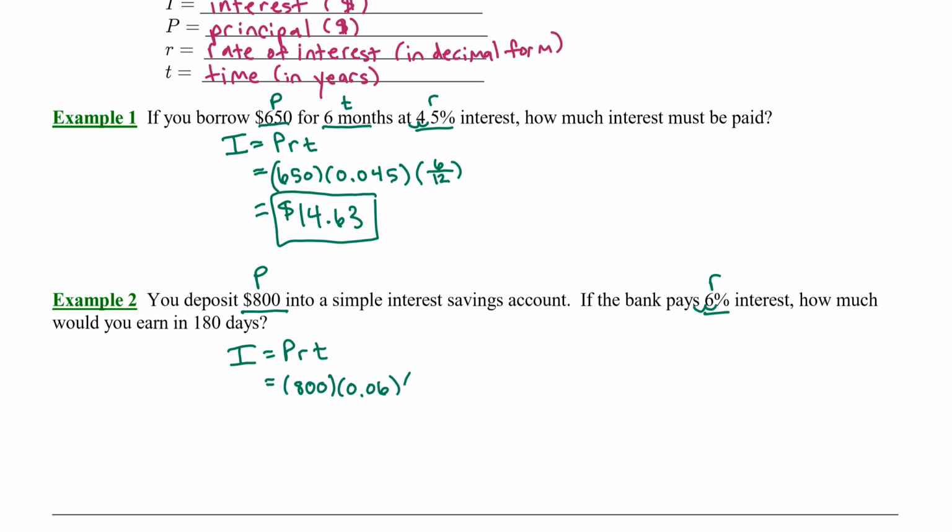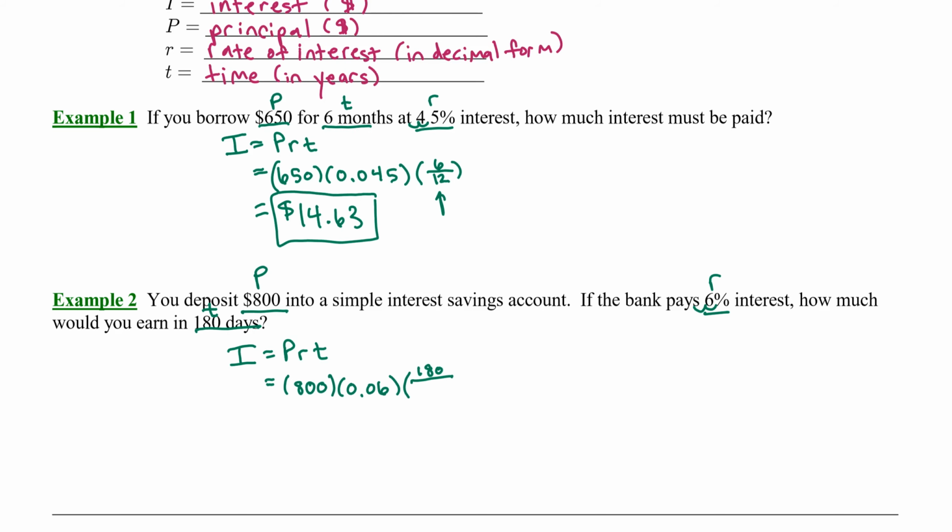Now, this is a very short-term investment, right? We're looking at 180 days for our time. Time has to be in years. Now, up here, since we had months, we took our total months out of 12 months per year to get the correct time value. So you might anticipate here, we're going to do 180 divided by 365.